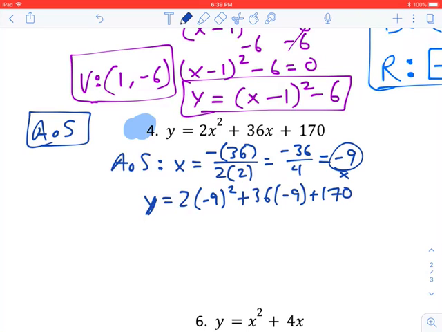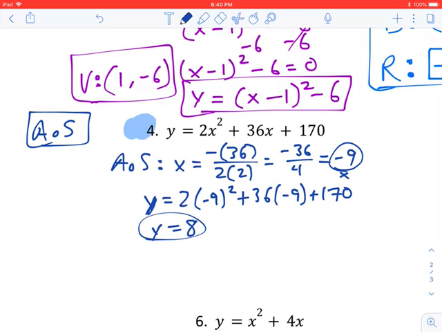I'm just going to type that into my calculator real quick and figure out what that is. So 81 times 2 plus 36 times negative 9 plus 170. And I ended up with 8.